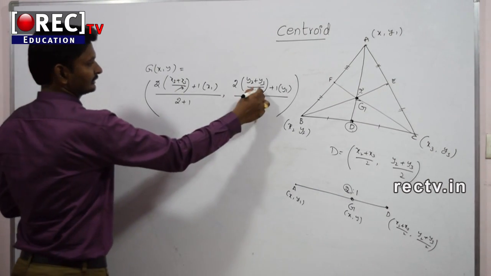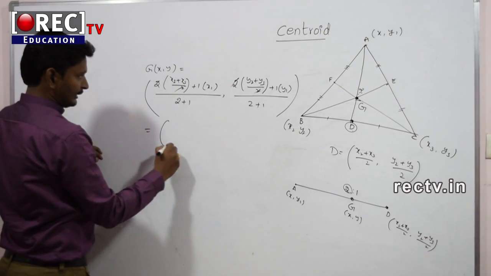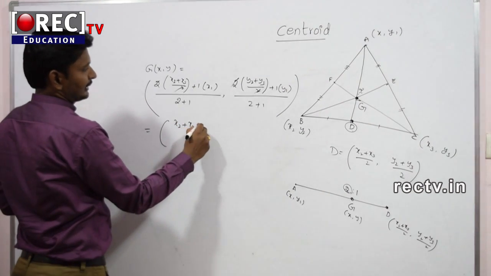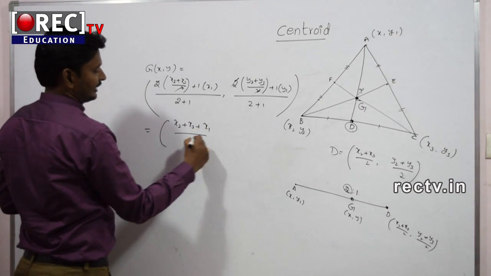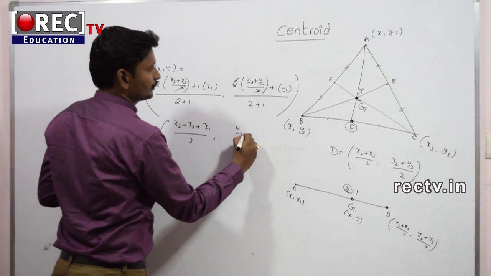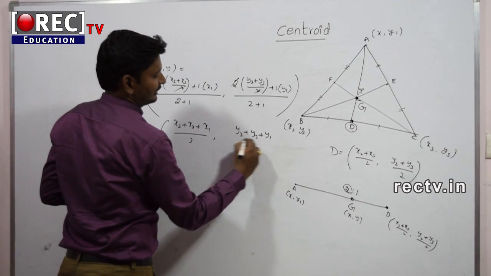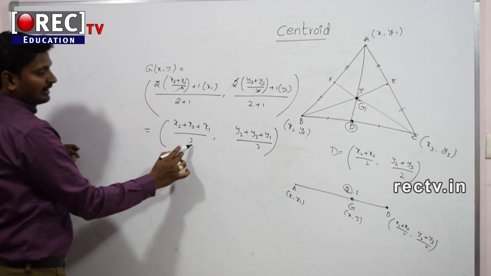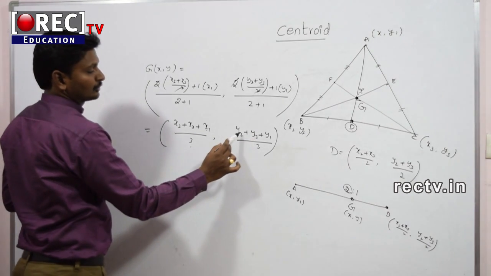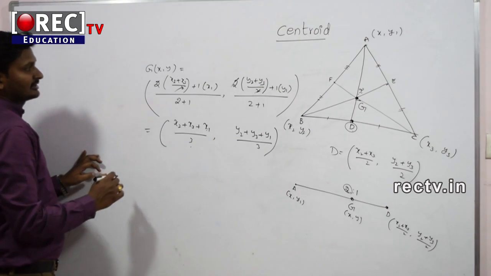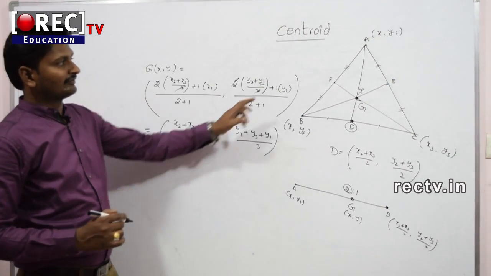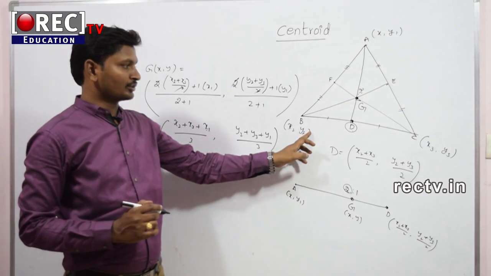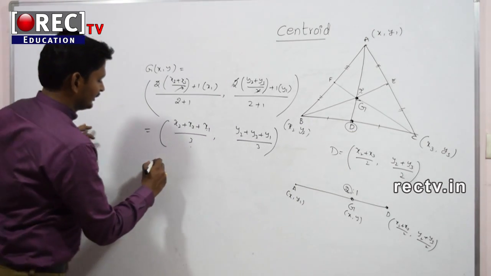The 2 will cancel, here also the 2 will cancel. So that is equal to (x2 plus x3 plus x1) divided by 3, comma (y2 plus y3 plus y1) divided by 3. So this is the centroid of the triangle with vertices A (x1, y1), B (x2, y2) and C (x3, y3).